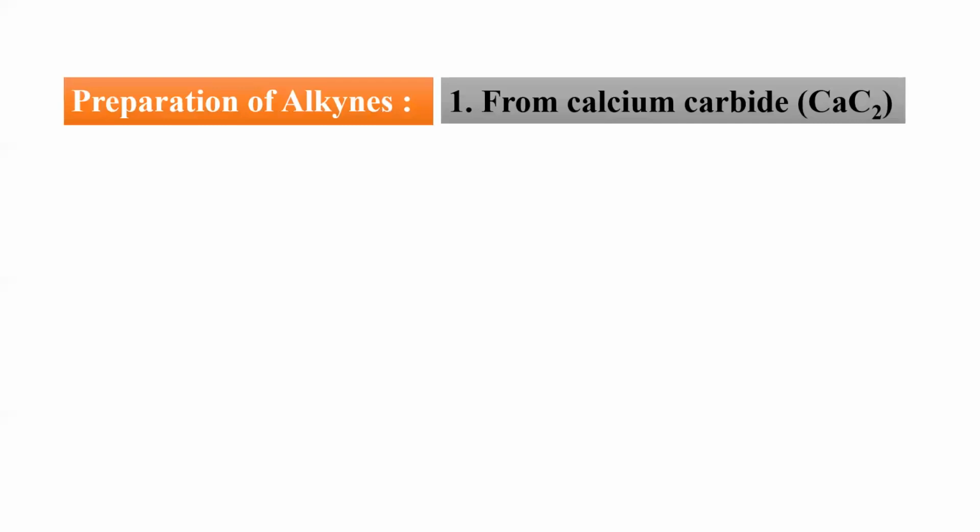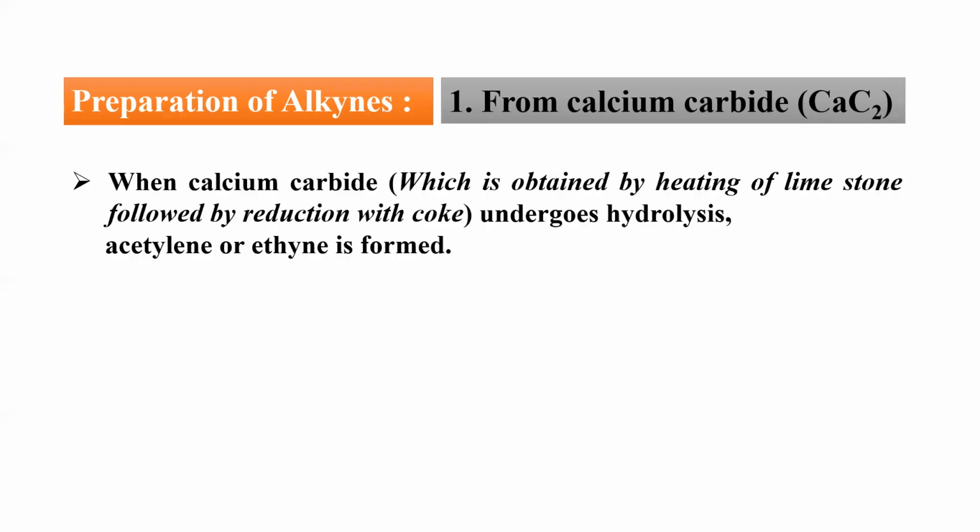The first method of preparation, in fact quite an important one from an exam point of view, is called calcium carbide synthesis. Calcium carbide is nothing but CaC2. So what do we do to calcium carbide? We hydrolyze calcium carbide. Now, how do we get calcium carbide?